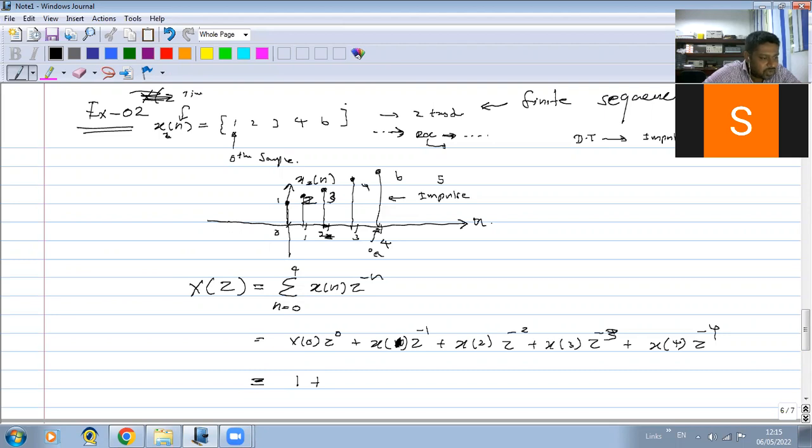So you have 2 divided by z, plus x2, which is 3 divided by z square, because this is minus square, I get this down.